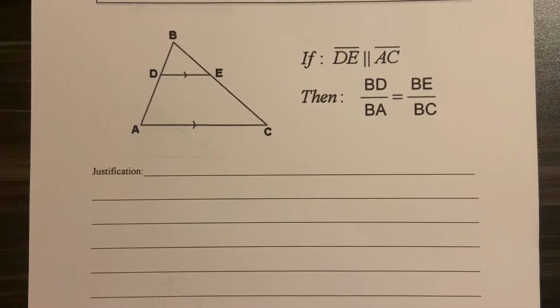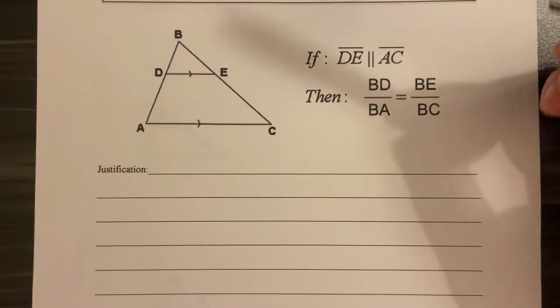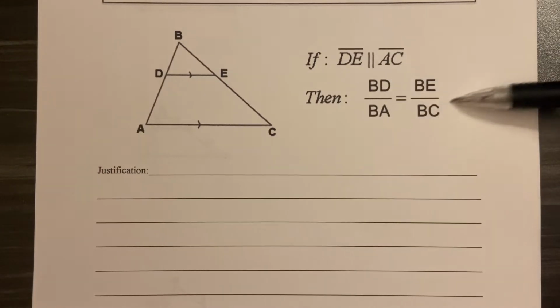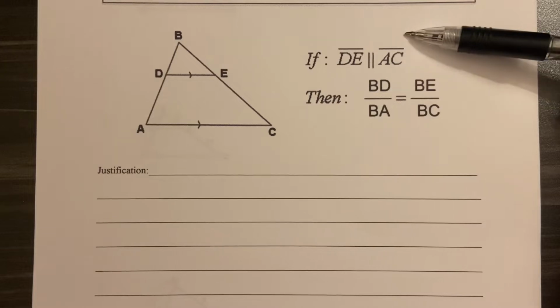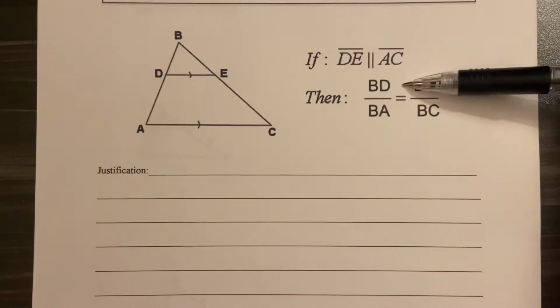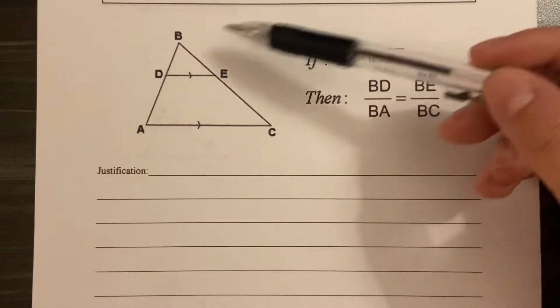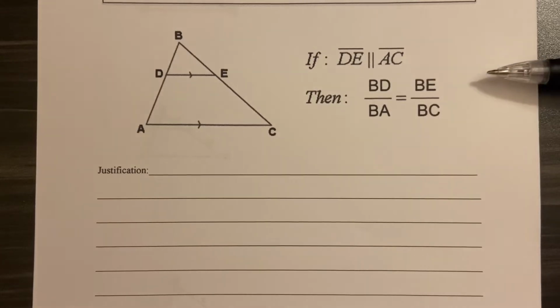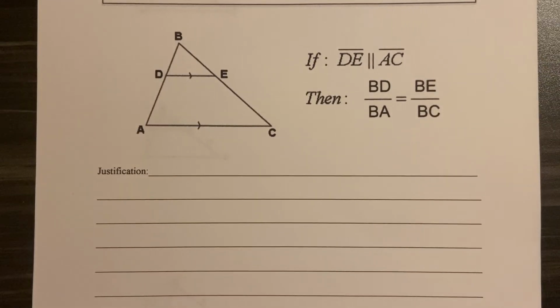So they're giving me that if these two segments are parallel to each other, then the following has to be true. We just saw this happening in proofs, but why would this mean that this is true? Well, we know that when we put these sides in proportion, so this side over this side equals this side over this side, that means the triangles have to be similar. So let's try to get the triangles to be similar first.